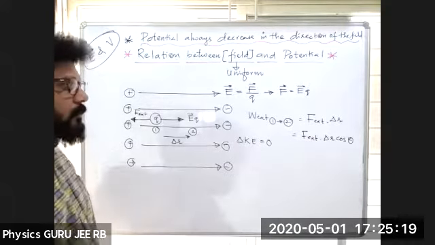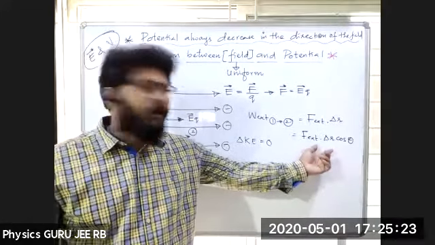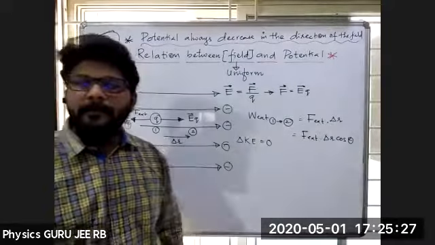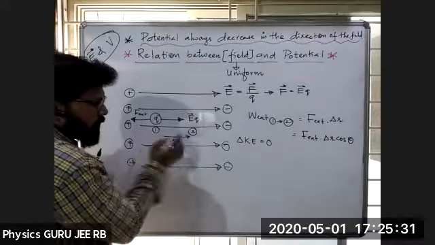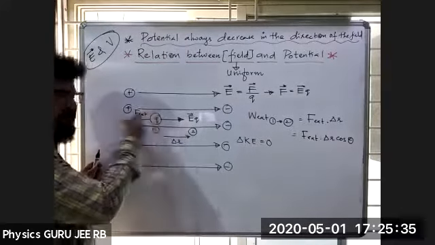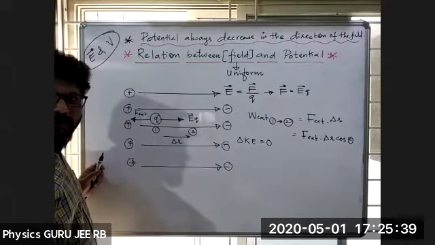Okay. Now, that means F external and delta R, cos theta. What is the angle? Delta R is in the forward direction because it is moving from 1 to 2. F external is in which direction? Backward direction, right?